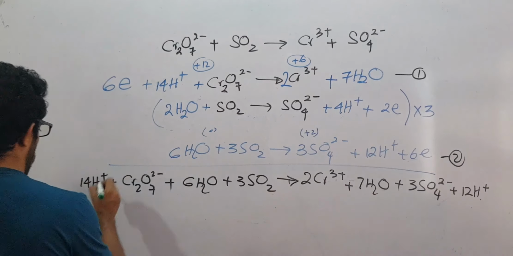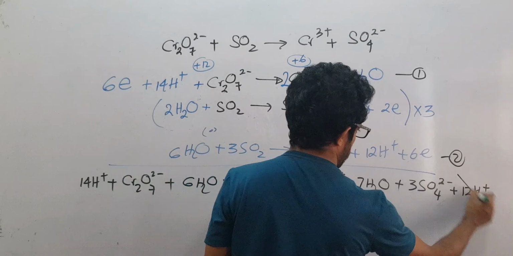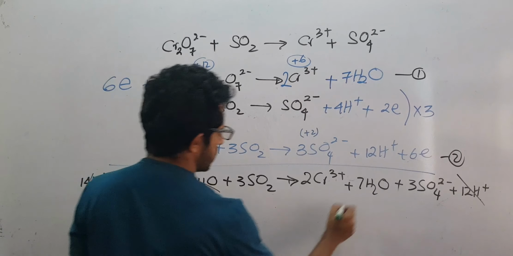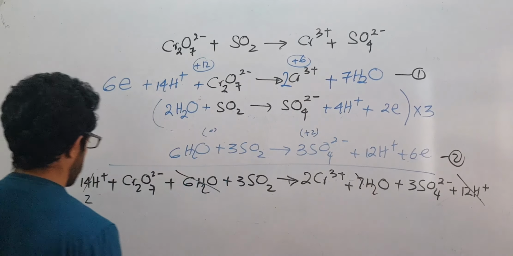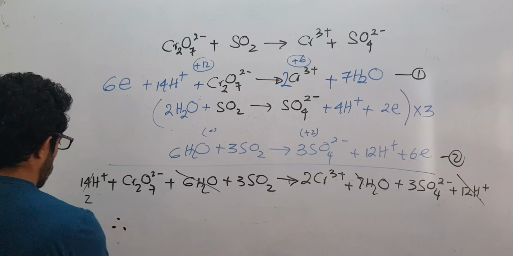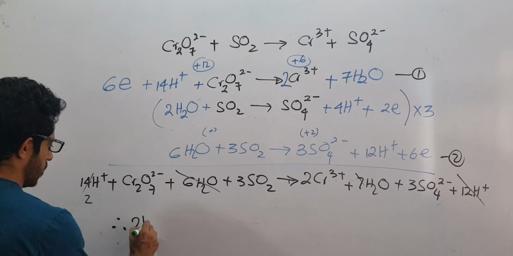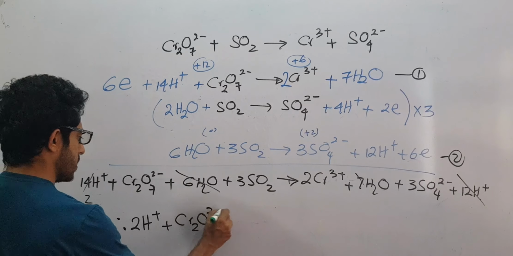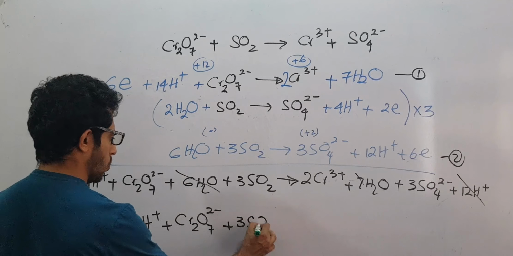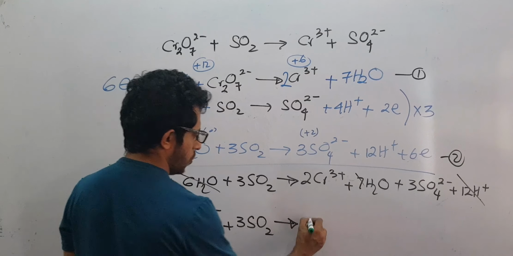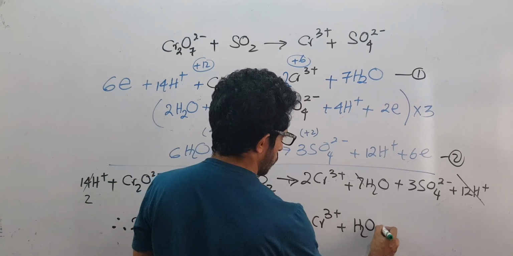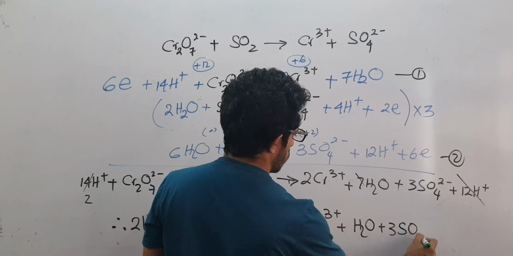You can see 14H plus, 12H plus, so the H plus would be cancelled off. We'll have 2 here. 6H2O, 7H2O, so it will also be cancelled off. Therefore, our redox reaction would be 2H plus, Cr2O7 2 minus plus 3SO2, that gives you 2Cr3 plus, 1 mole of H2O, 3SO4 2 minus.